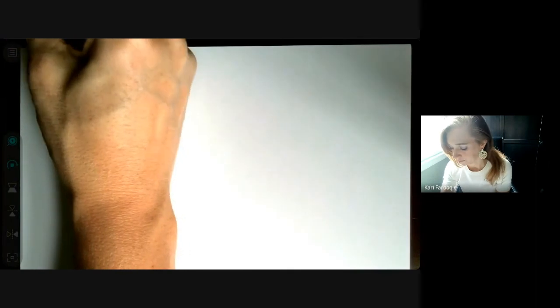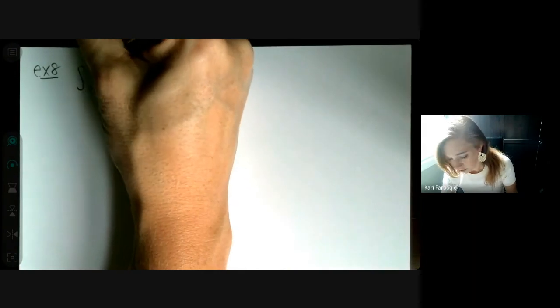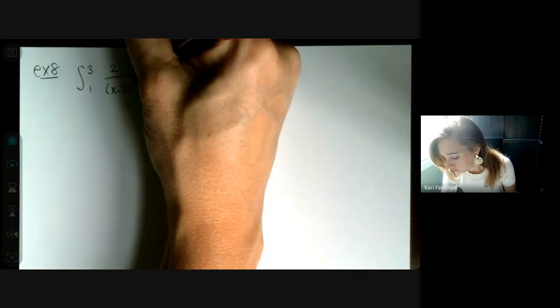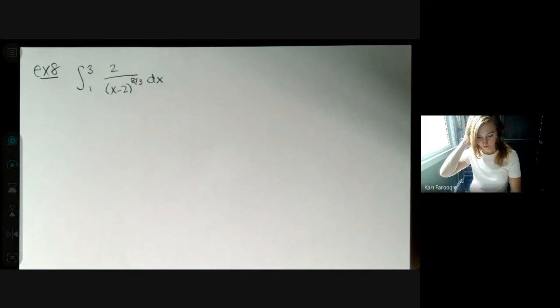So this will be example 8. This is the integral from 1 to 3 of 2 divided by the quantity x minus 2 to the 8/3 power dx.